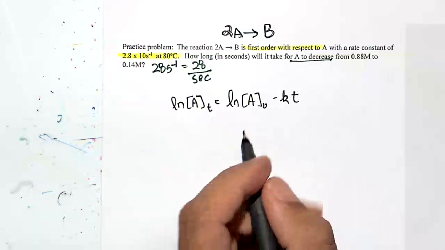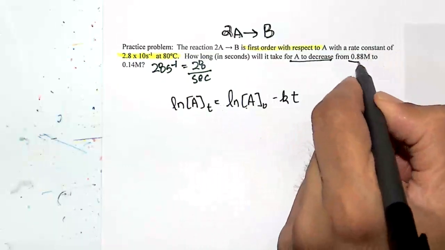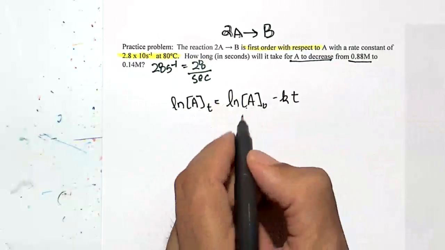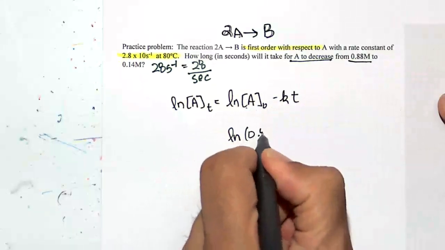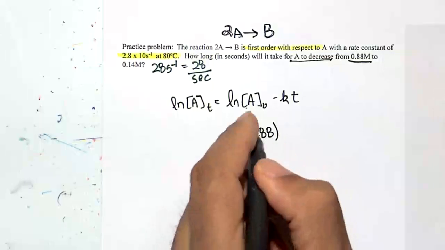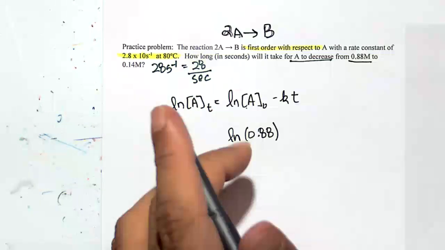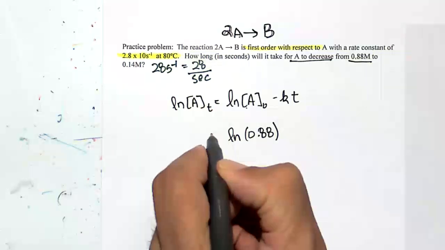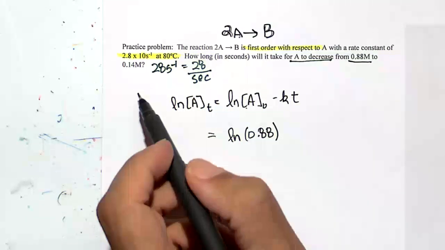Okay, first order. So what is A naught? 0.88 molar, so I'm not going to put units inside the natural log. I noticed in the exam people putting units inside the natural log. I don't think the math people like that. So no units inside the natural log.